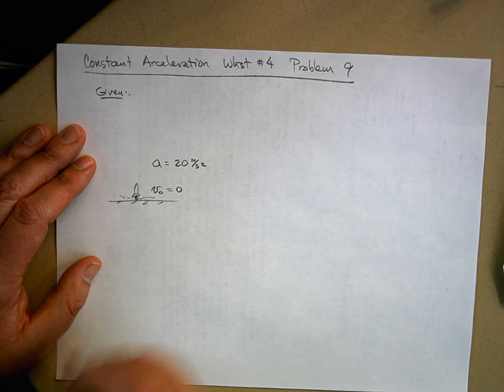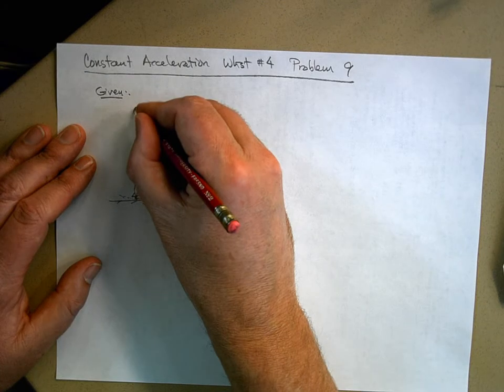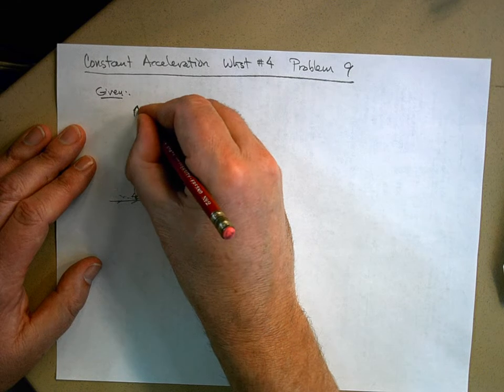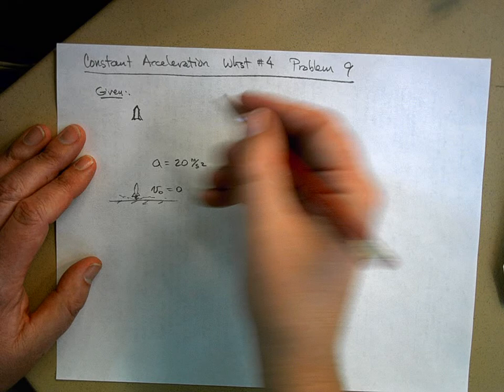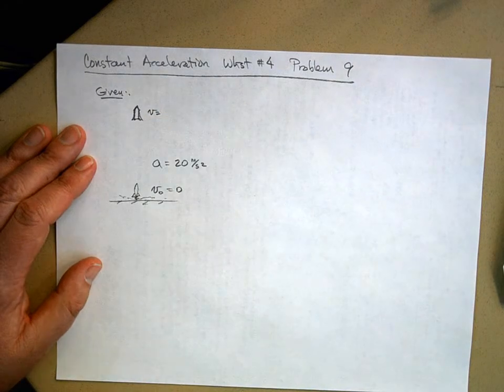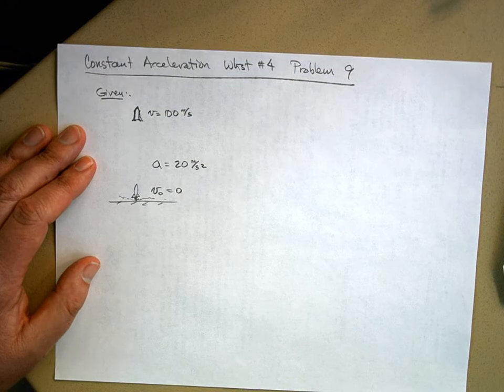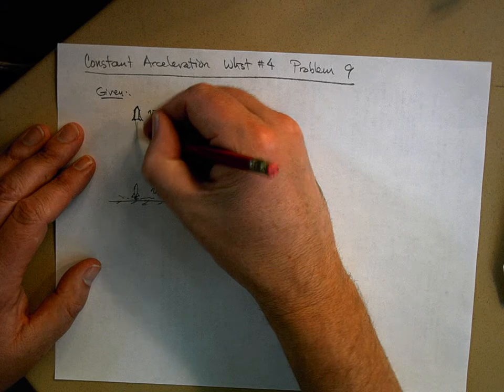And then it's going to go from rest, so the initial velocity, to 100 meters per second. So here it is way up here in the sky, this rocket, and its final velocity is 100 meters per second.